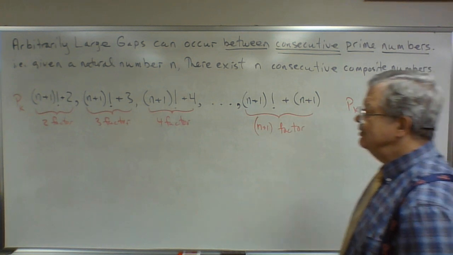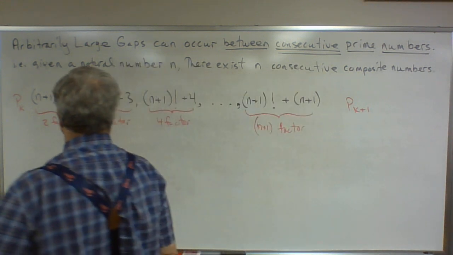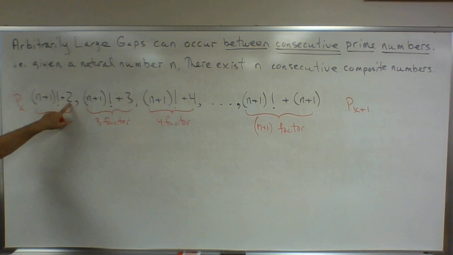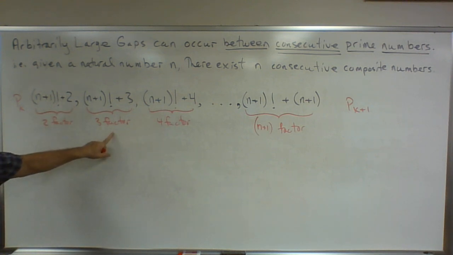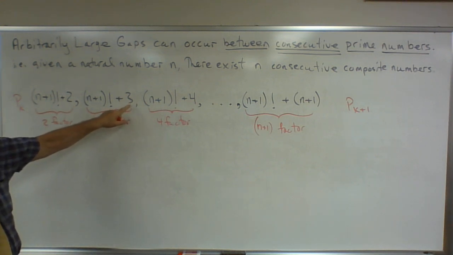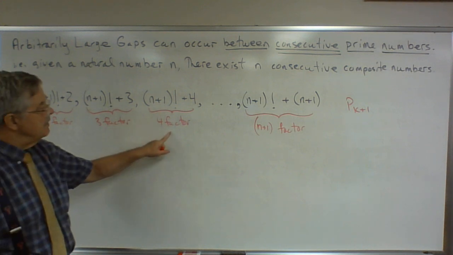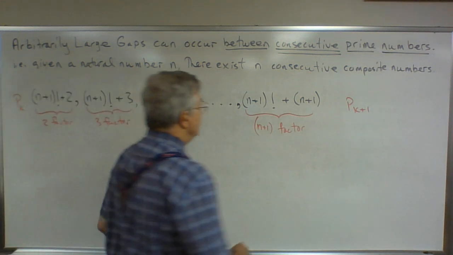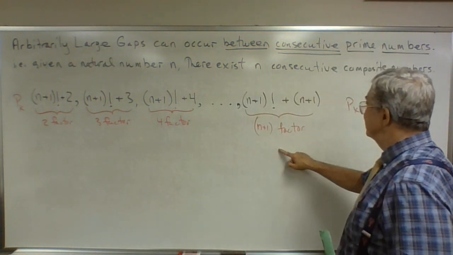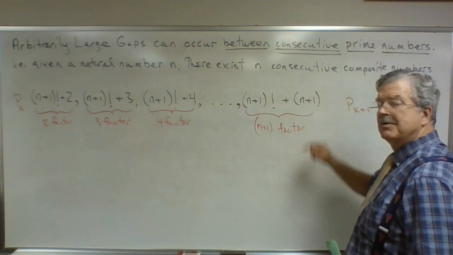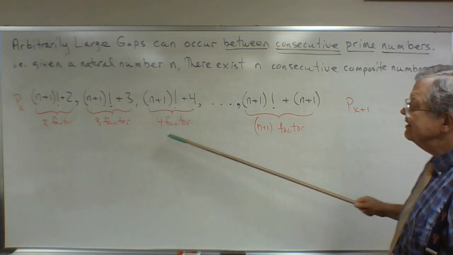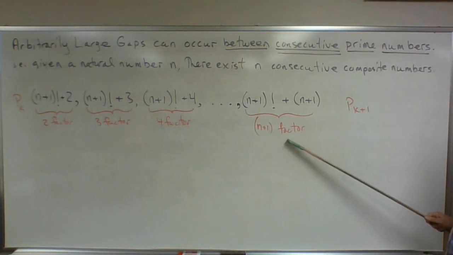And how many do we have? Well, here's our first, 1 less than that number. Here's our second, here's our third, and here's our nth. This is a sequence of n composite numbers.